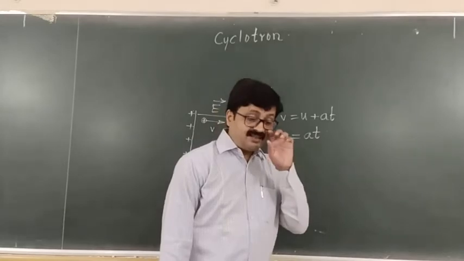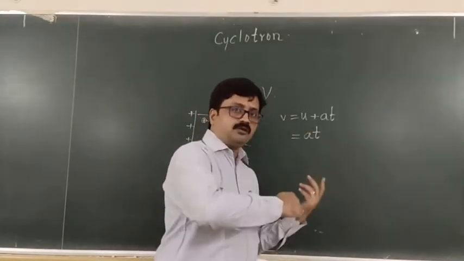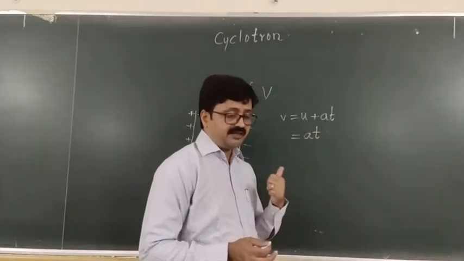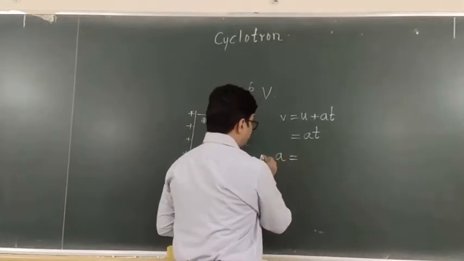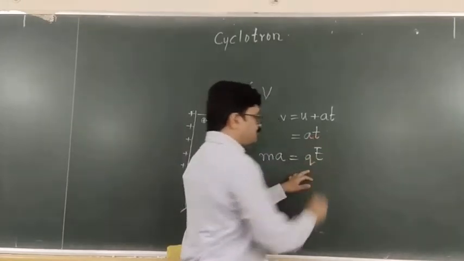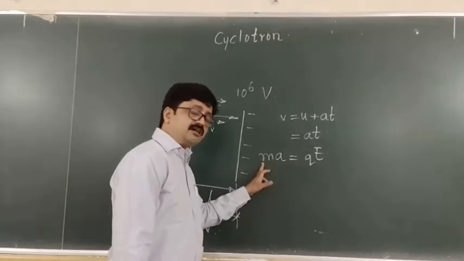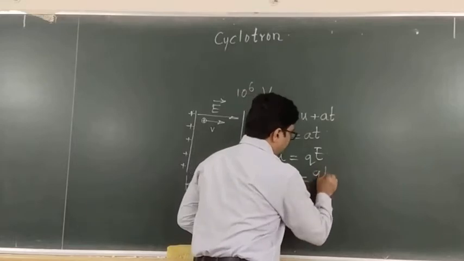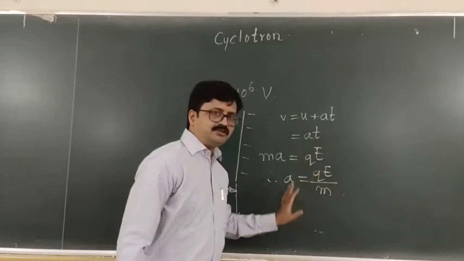We found it during our chapter on current electricity: m into a is equal to q into E, where q is charge, E is electric field, a is acceleration and m is the mass of the particle. Therefore, a is equal to qE by m.